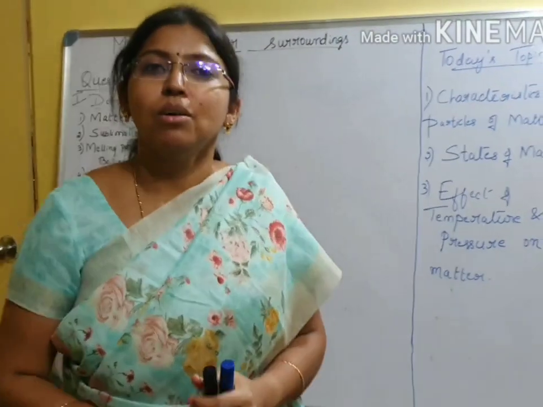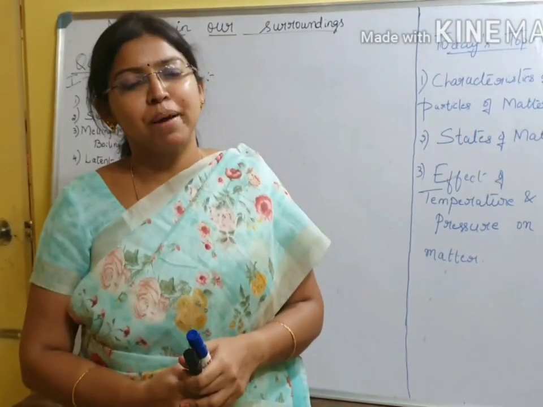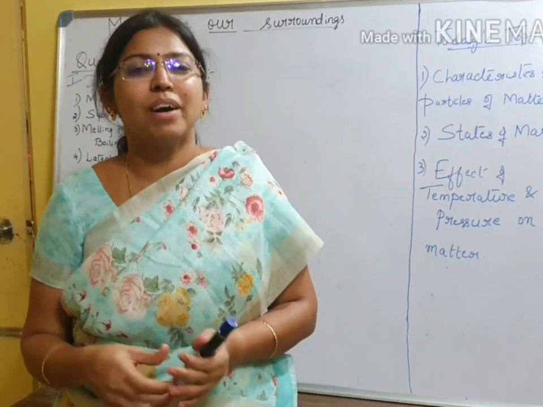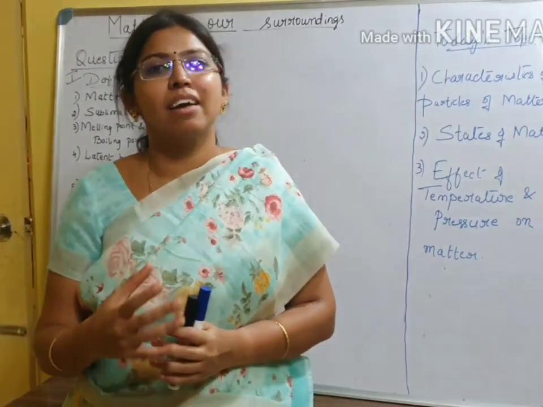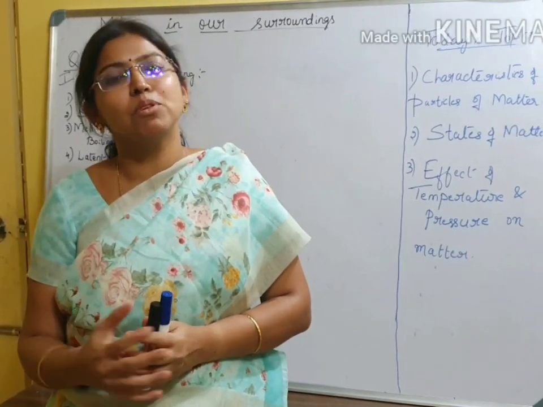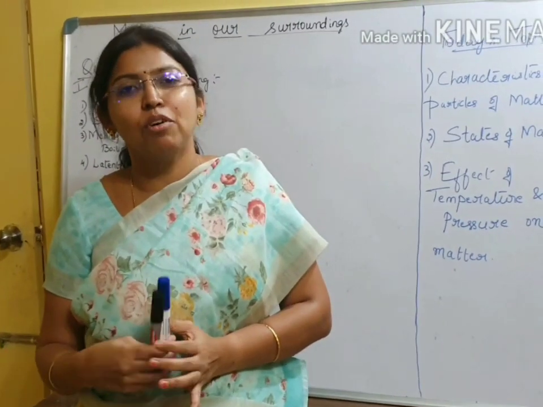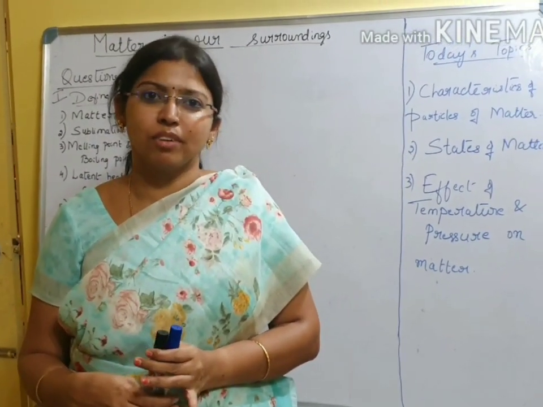During summer, what happens? During summer we perspire or sweat out. We prefer to wear cotton clothes during summer. So why is that? Because cotton clothes have a high absorbing capacity. They absorb all the sweat and evaporate it, leaving the surface cool. Therefore, we prefer to wear cotton clothes during summer.